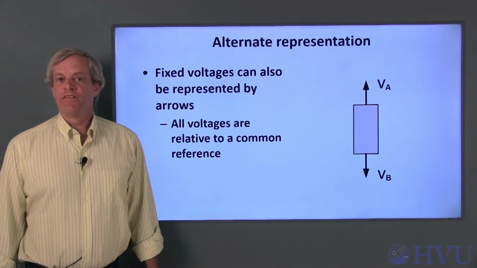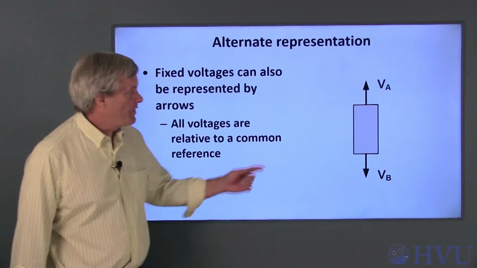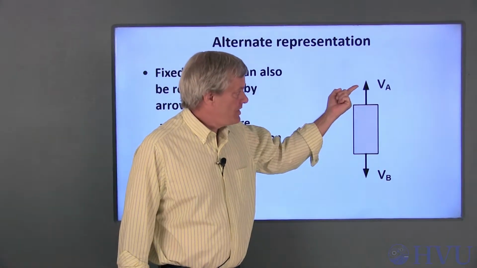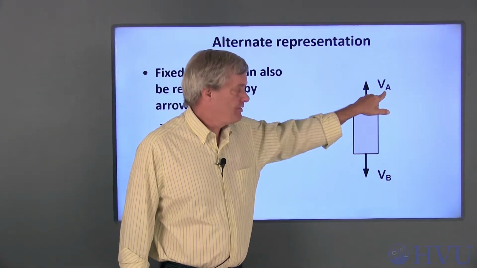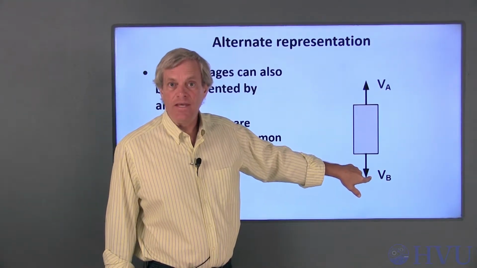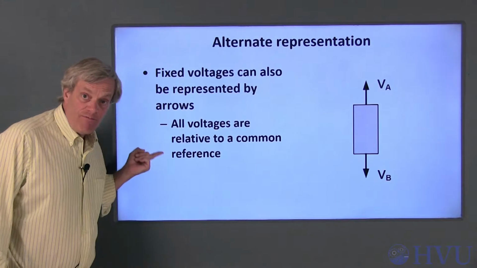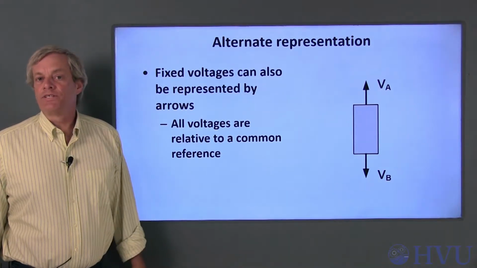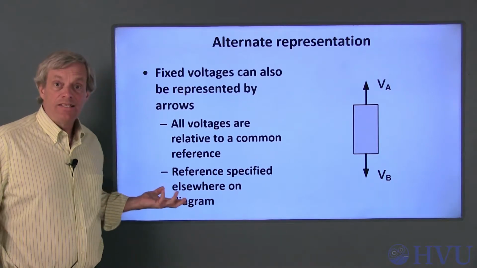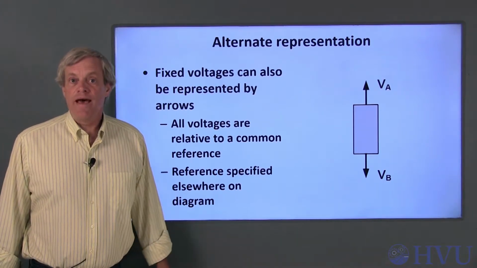Another way to represent the voltage at a terminal of an element is with an arrow. For example, this indicates that the voltage at the upper terminal of this element is VA and that the voltage at the lower terminal of the element is VB. The voltages VA and VB are always relative to some common reference. The reference voltage will always be indicated somewhere on the overall circuit schematic.